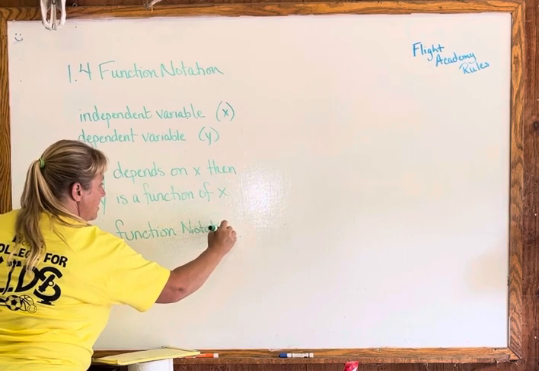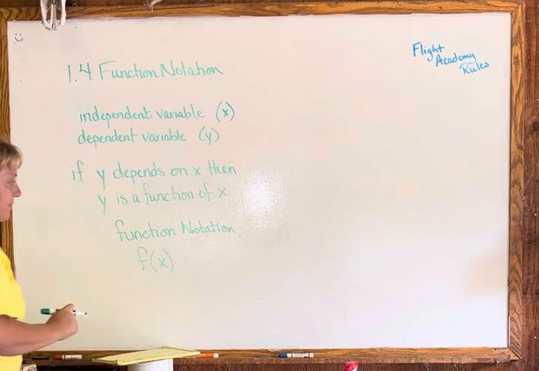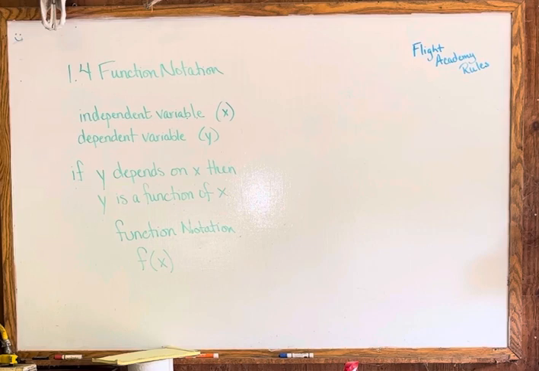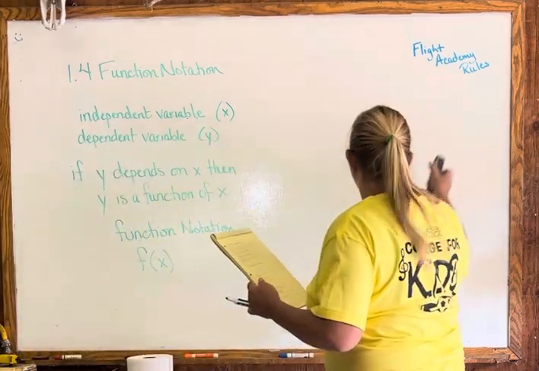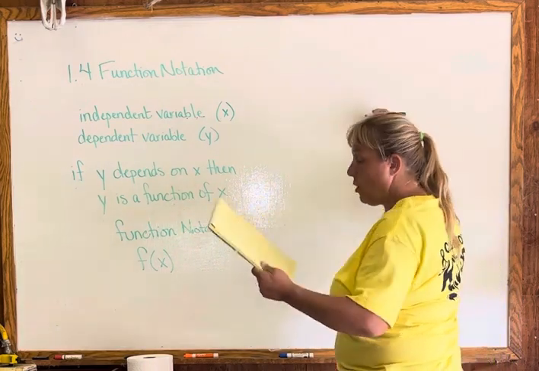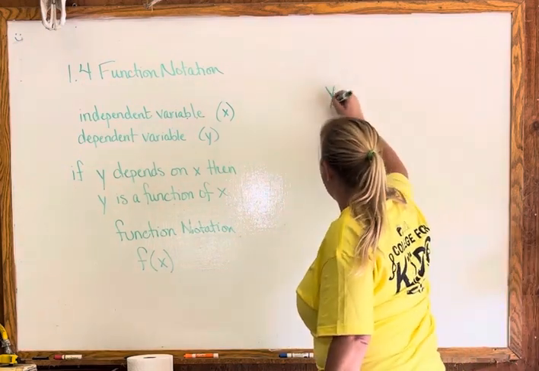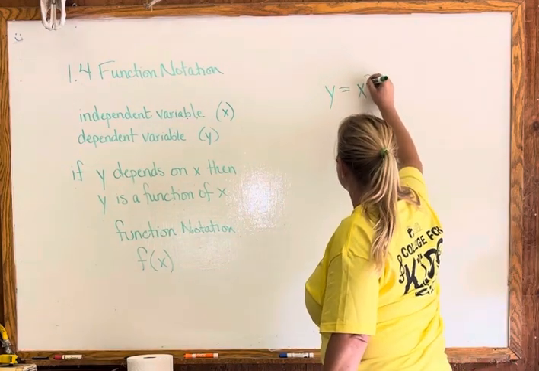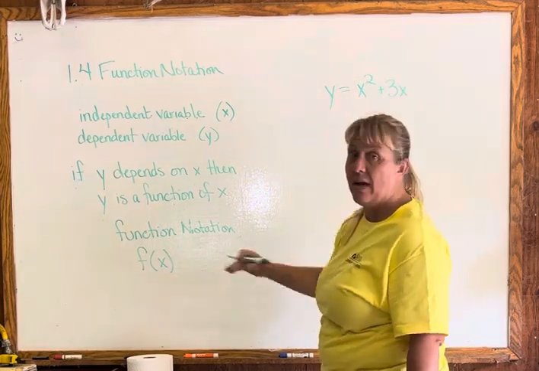And function notation is written like this. F and then a parenthesis x. And it's said f of x. And so when we are writing equations that we know are going to be functions, instead of writing y equals x squared plus 3x, I now can use this f of x notation.